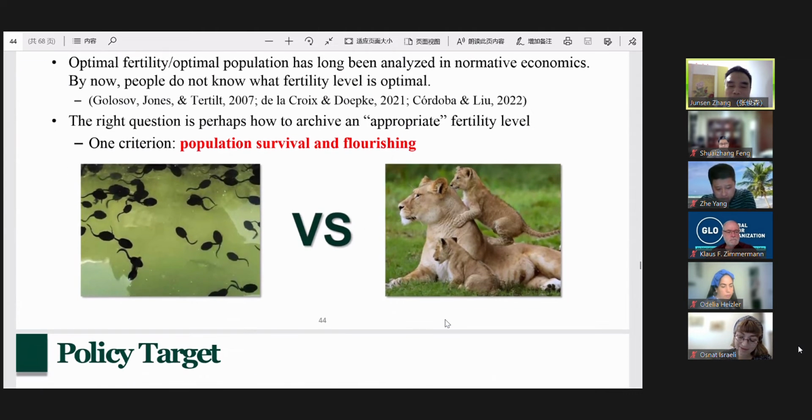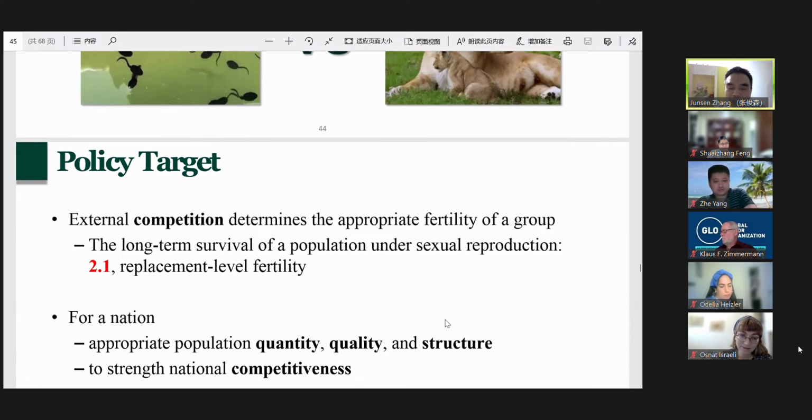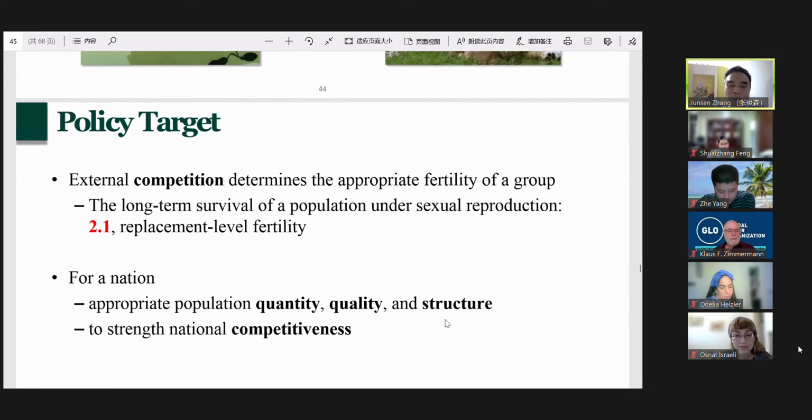But regardless, the society has to survive, and the consensus is we need to have 2.1, the replacement level fertility. So for a nation, we care about appropriate population quantity, quality, and structure. Those things we all care about, and we also try to strengthen national competitiveness.